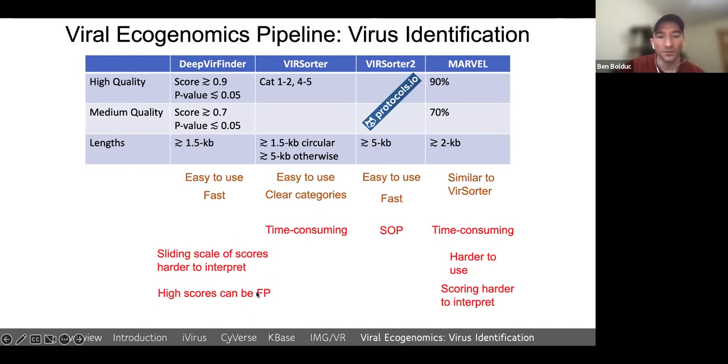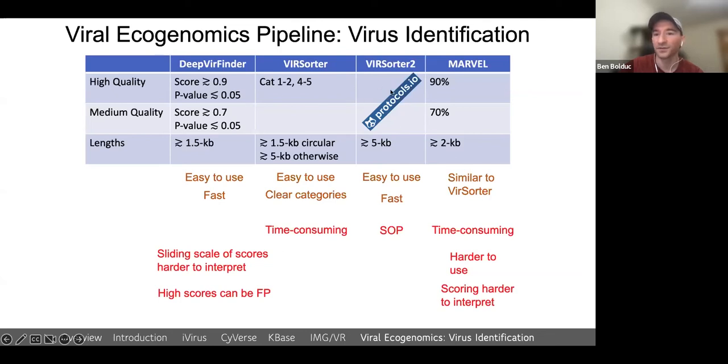The only other thing I want to highlight is that high scores for Deep Virofinder can be false positives. So please do look at, even if the p-value is 0.05 or 0.04999, please do inspect a lot of those viral genomes to ensure that they're really viruses.